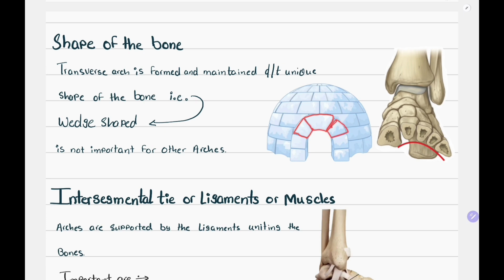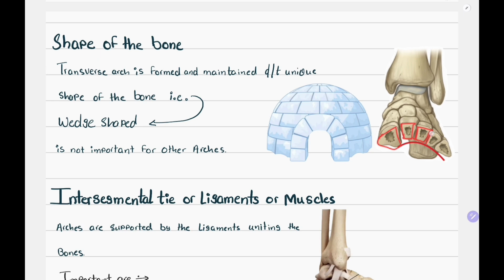These are wedge shaped, which are necessary for maintaining the arch of the entrance. If these were of any other shape like circle or cuboid, you won't be able to make the arch. Similarly, in maintaining the transverse arch of our foot, the bones are wedge shaped.